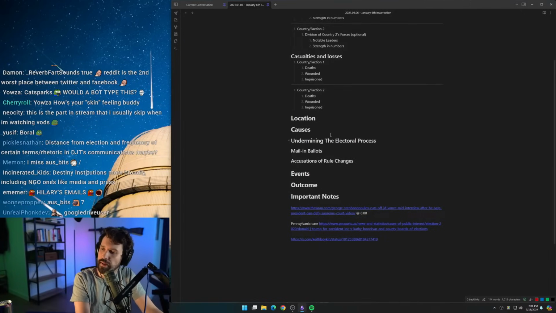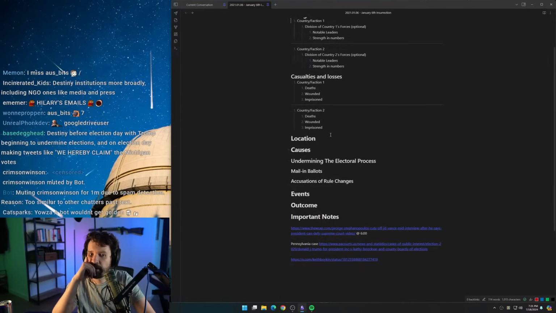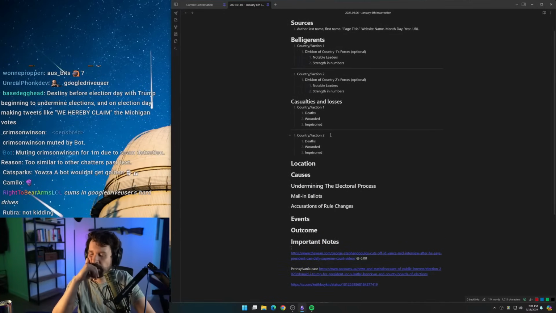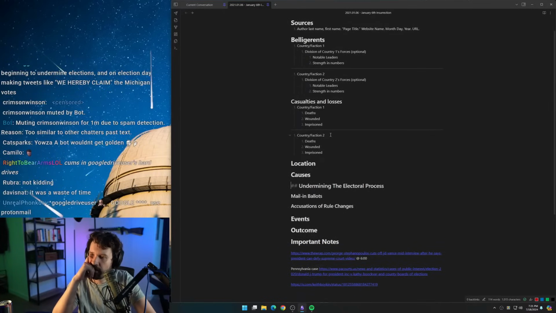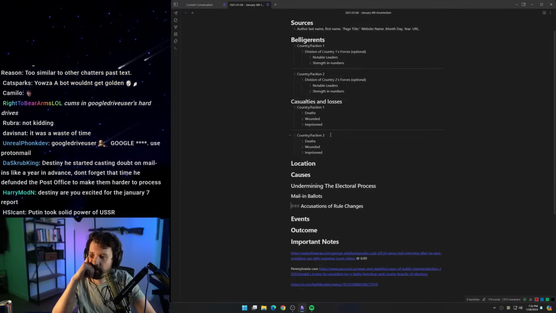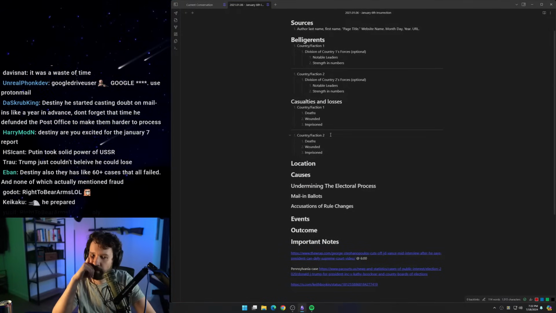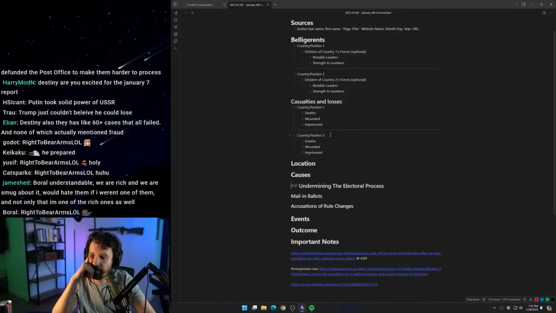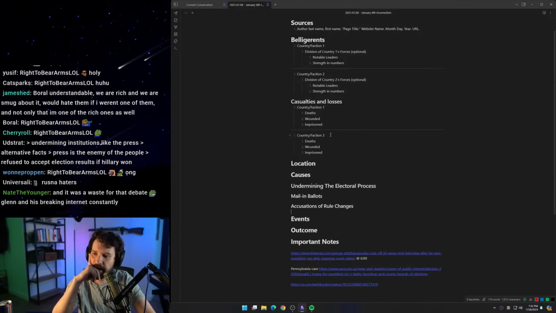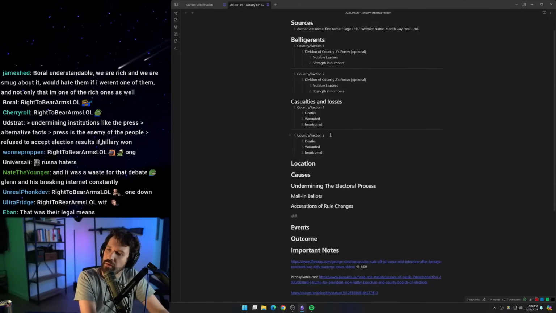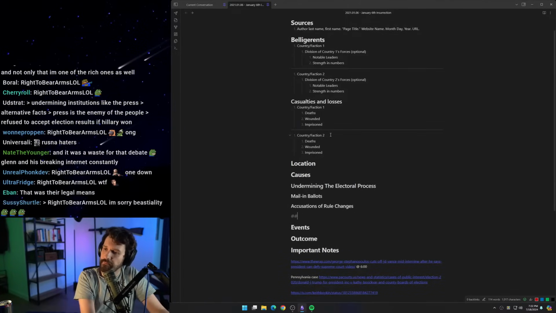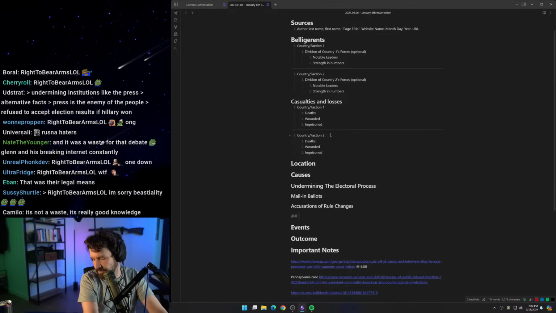Undermining the electoral process. I want to very narrowly fixate on Trump and his cronies' roles in everything. So we've got undermining the electoral process, we've got mail-in ballots, we've got accusations of rule changes.